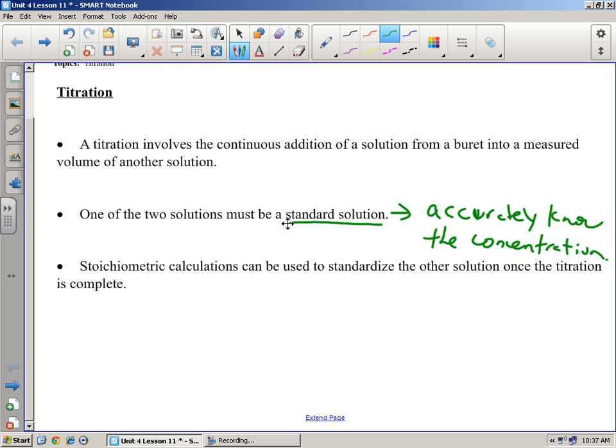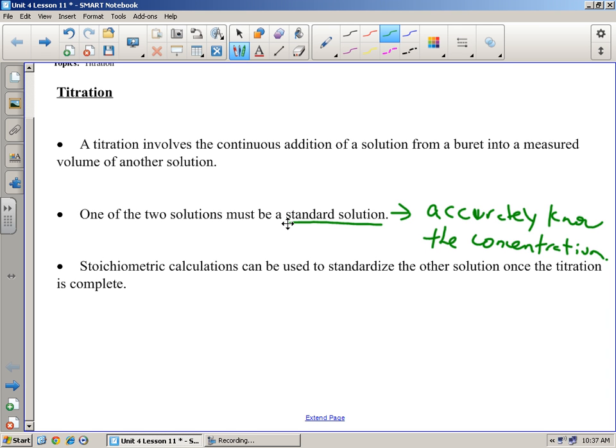if we're going to do a titration. The purpose of a titration is always, and this will be your lab tomorrow, guys. If you want to pay attention right now, I'll tell you what the problem is. The purpose of the titration is always to find the missing concentration of the other solution.